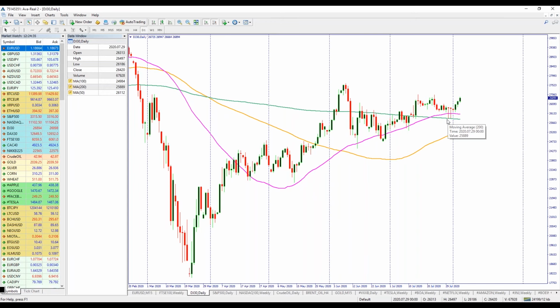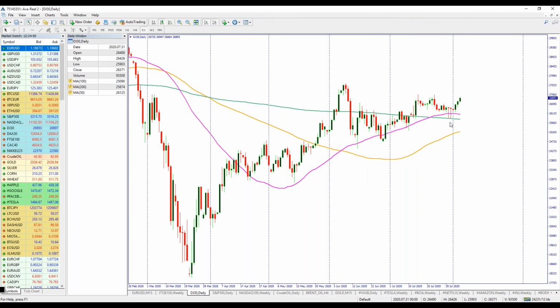But if you look at its 50-day moving average, we can clearly see that there was no opportunity with that because the price violated this particular moving average and continued to move lower, and then it touched the second line of this particular moving average.